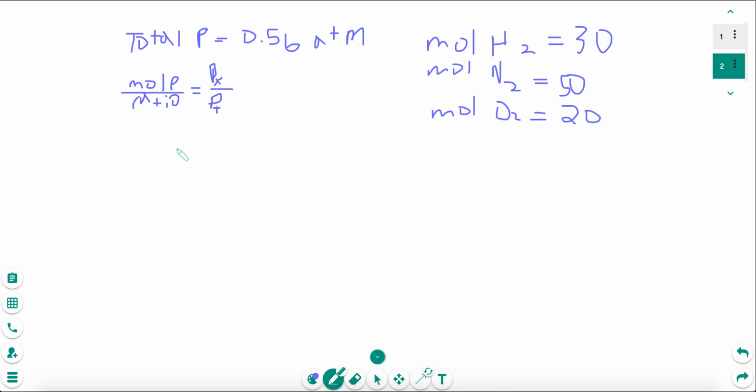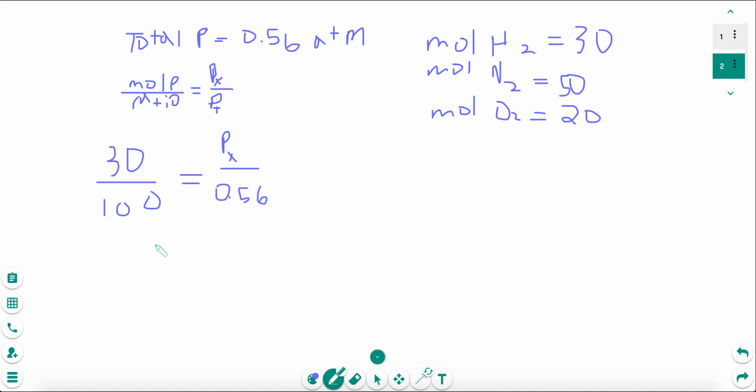So first we can do hydrogen. So the mole ratio of hydrogen would just be the moles of hydrogen, which is 30, over the total number of moles, which is 30 plus 50 plus 20, which is 100. So this is equal to the partial pressure of hydrogen, which is what we're trying to find, over the total pressure, which we just found. So it's over 0.56.